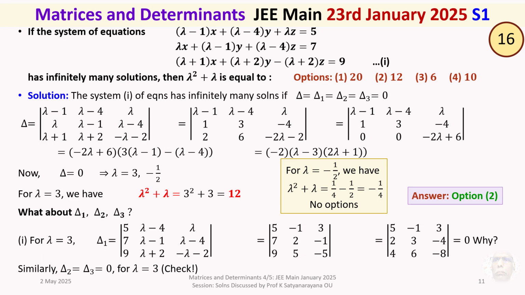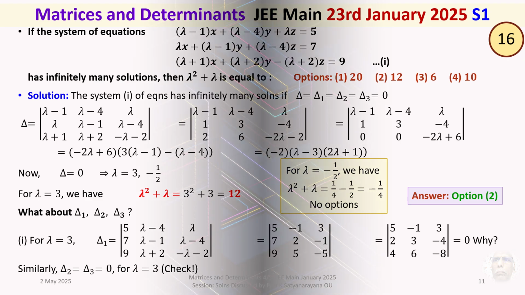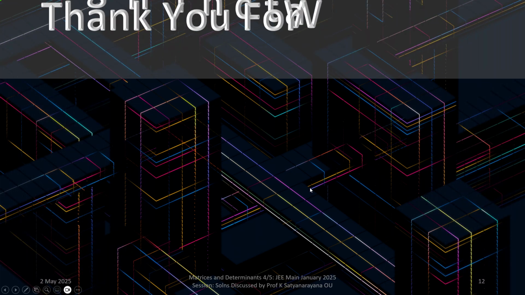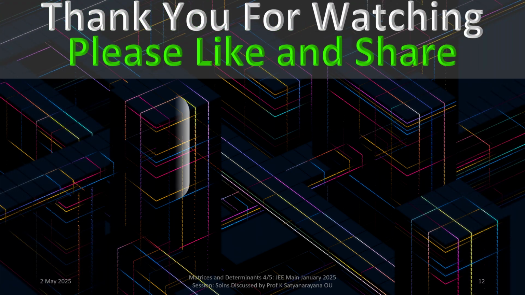But the one thing that is left out is the unique solution case. That also you take into account, and with all these things make good notes, and that will be helpful for you for the examinations. With these few words, I am sure that you have understood the solutions of these 4 problems.